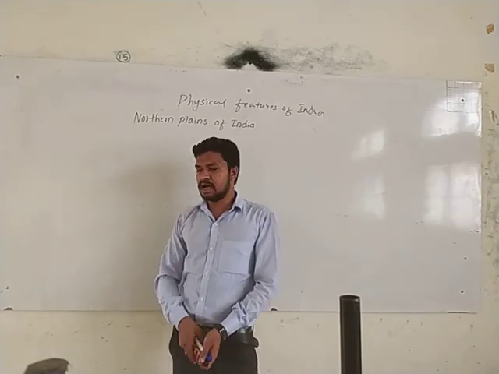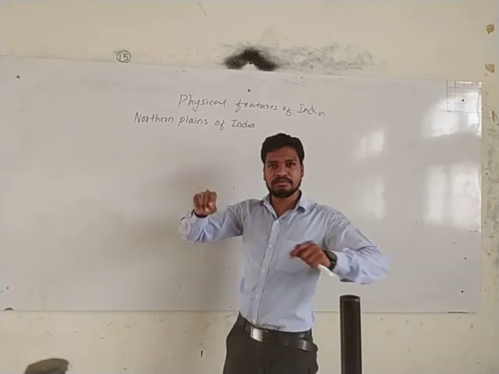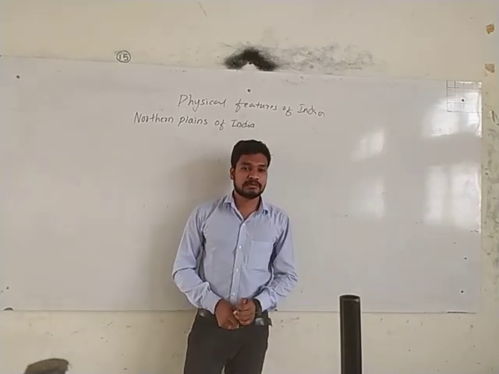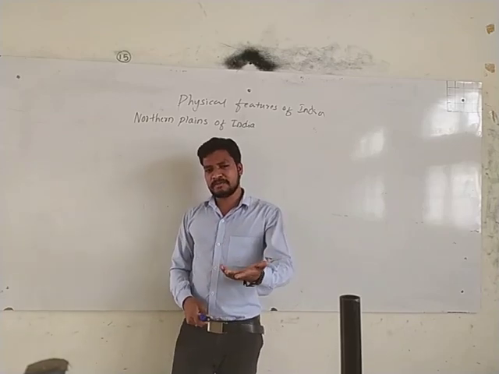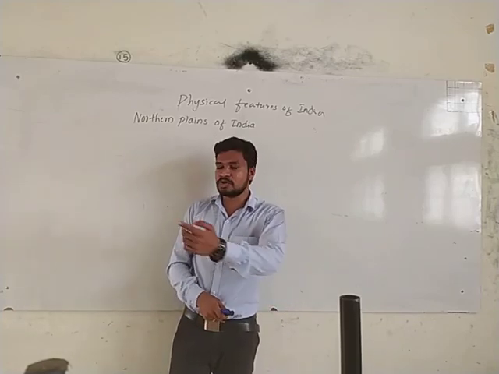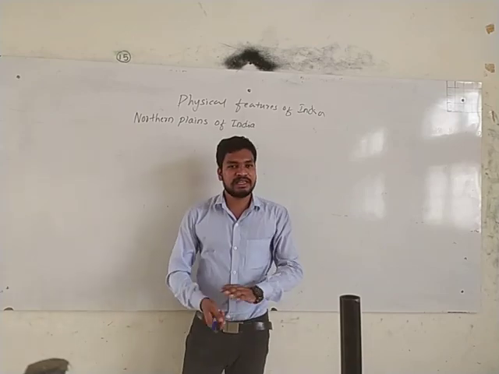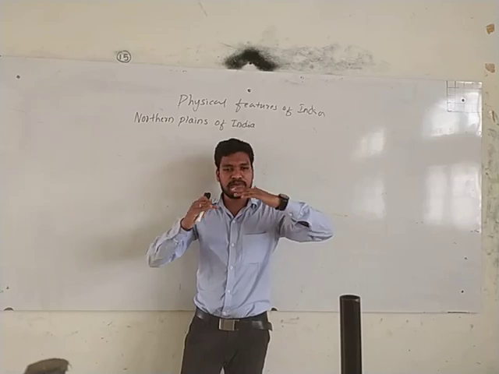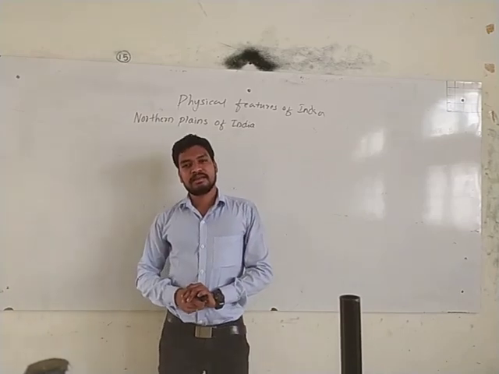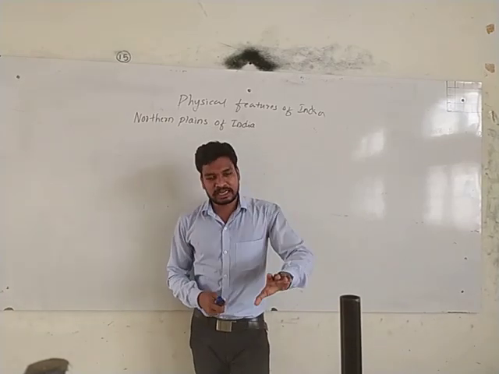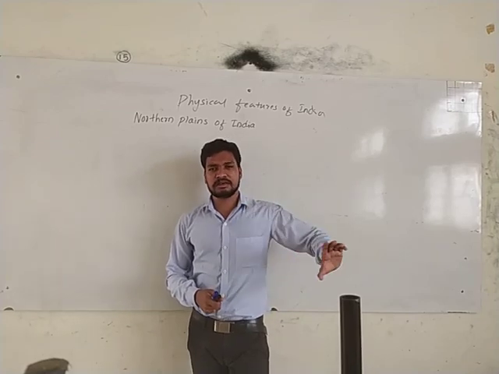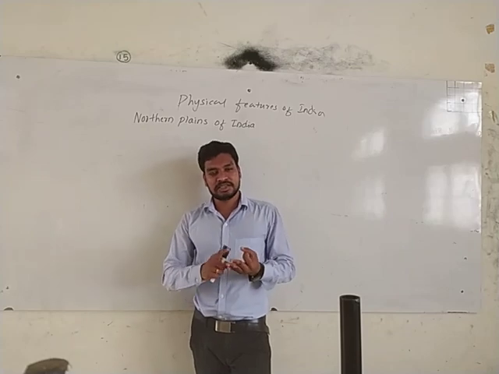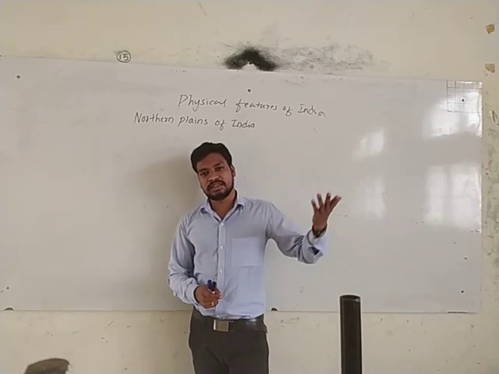And you may say, sir, the Himalayan mountain ranges have more length, and more width also. But then the northern plain covers most of the Indian landmass. Why not the Himalayan mountain ranges, which are very big and have more width and length? It is because the Himalayan mountain range is shared with other countries, like Pakistan, India, China, Tibet, Nepal, Bhutan, then Myanmar.